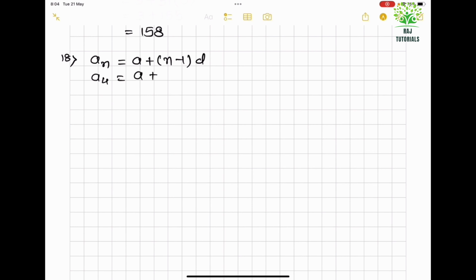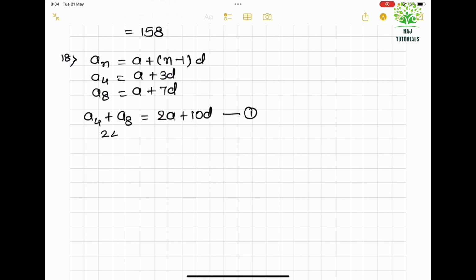A4 will be a plus 3d and A8 will be a plus 7d. So A4 plus A8 equal to 2a plus 10d, so 24 equal to 2a plus 10d.